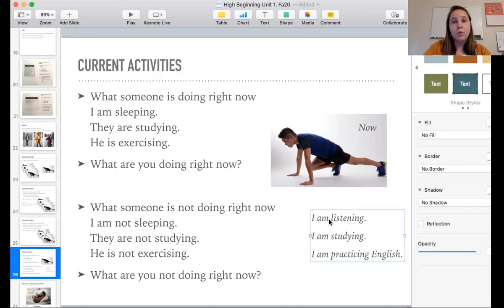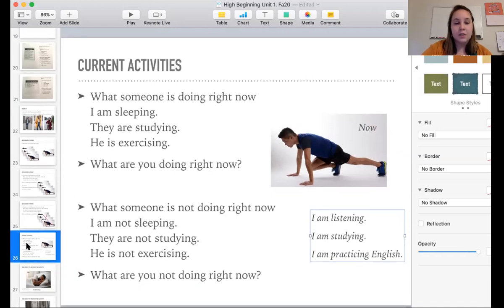So you see here, we're using what's called the present continuous, where we use am or the be verb. So I am, you are, he is, and then the ing form. I am listening. I am studying. I am practicing. So using that ing form.